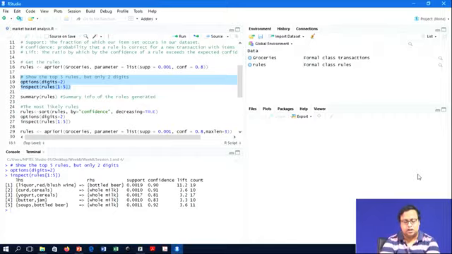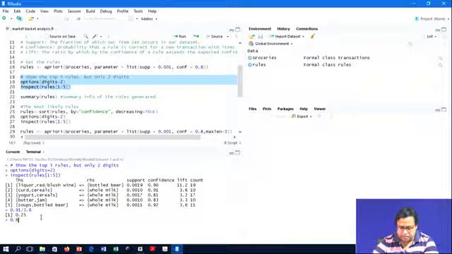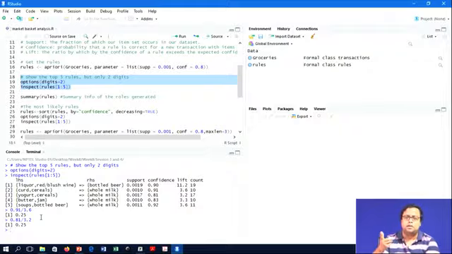That means normally people buy whole milk with probability 0.91 divided by 3.6, this is the natural probability of buying whole milk. Similarly, 0.81 divided by 3.2 also comes to about 0.25. So, 25% of the time people anyway buy whole milk. That is why the lift is not so high.